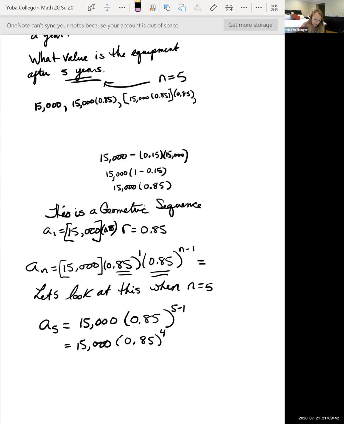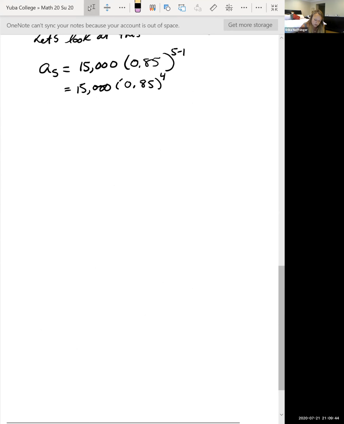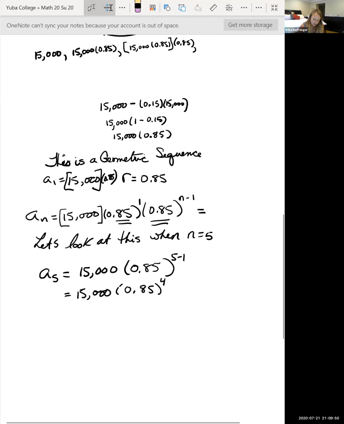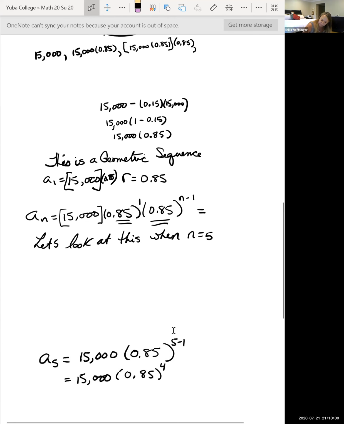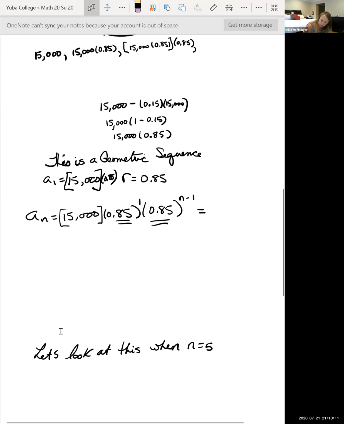So a sub n is equal to 15,000 all times the 0.85.